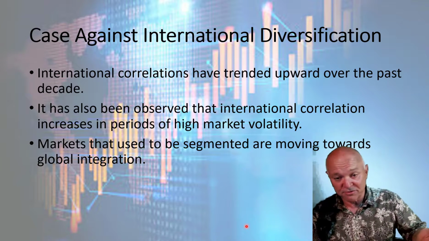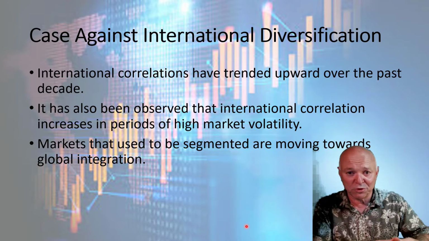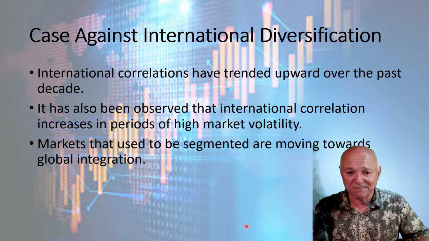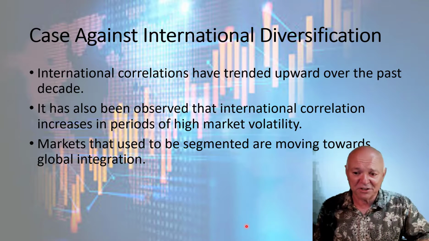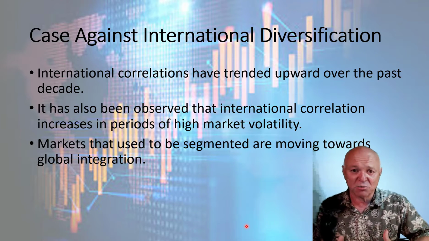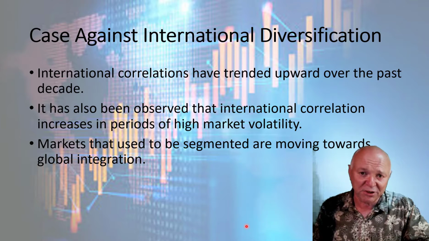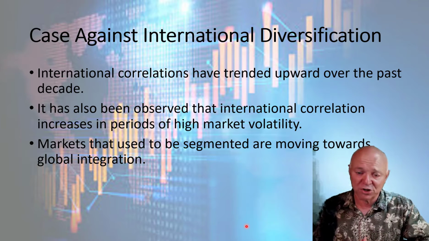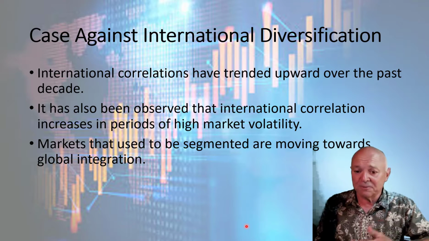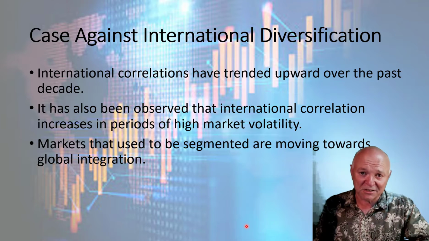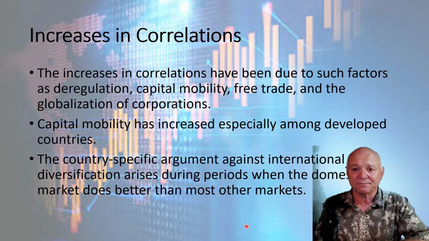So some markets, for example, Korea, which sought to be more independent, and in most things have now decided that it's better to be part of a regional trading bloc. China as well. South Africa is a brilliant example of increased integration of markets. So that also means lower value or lower benefits from diversification.